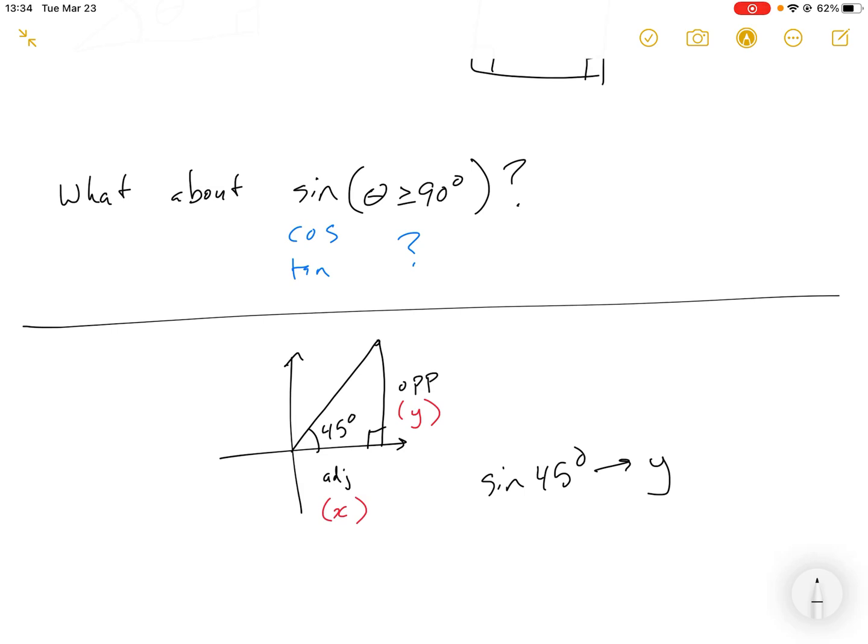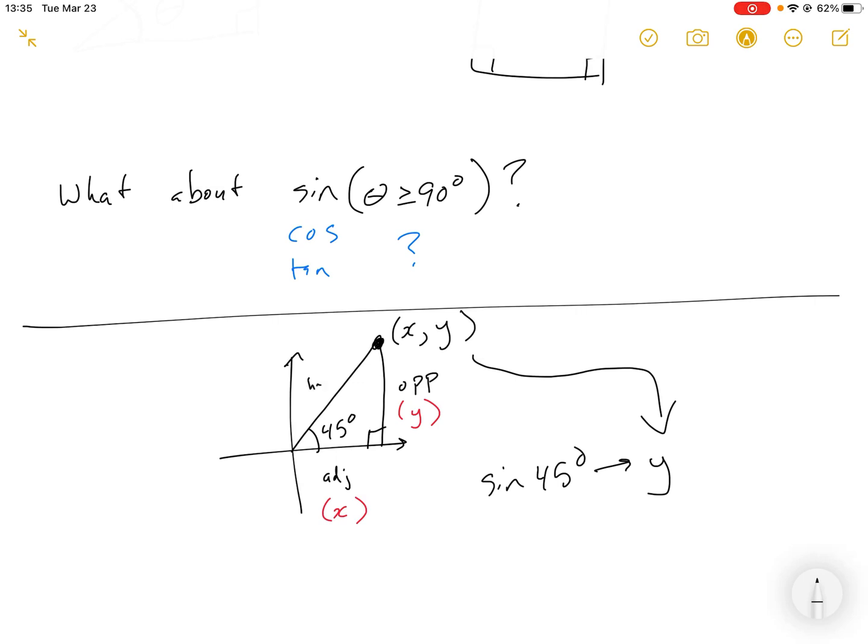And what y value is that? Well, if you actually figure out what point this is in the coordinate plane, this will have an x coordinate and it will have a y coordinate. And so all you have to do is rotate an angle 45 degrees in the coordinate plane and see what point is on the graph at that spot.